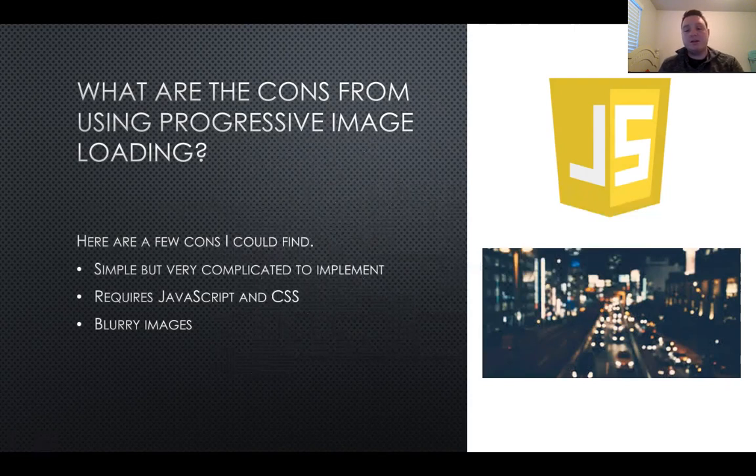Don't get me wrong, it does speed up, but I just don't think blurry images are going to be the future. I think, if anything, loading signals or faster response times to load these images as blank or as just a gray area. You can do this with a text wrap and other different ways around the image itself. We'll explain that a little bit more.